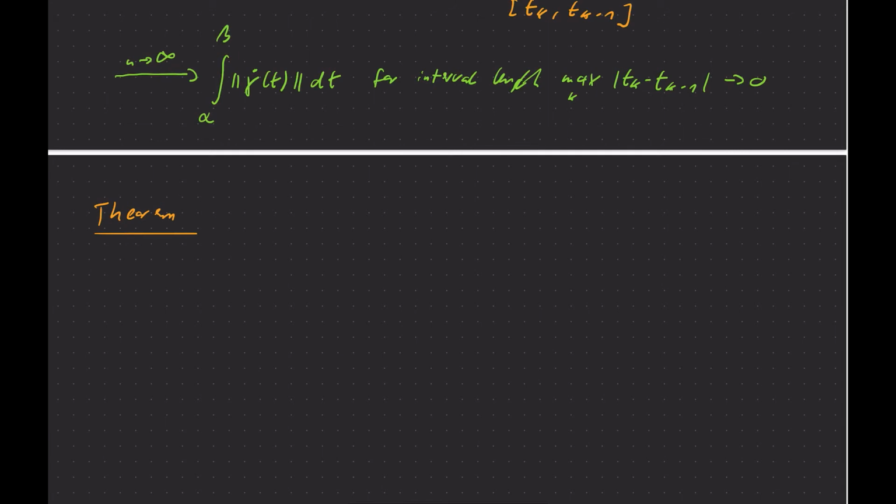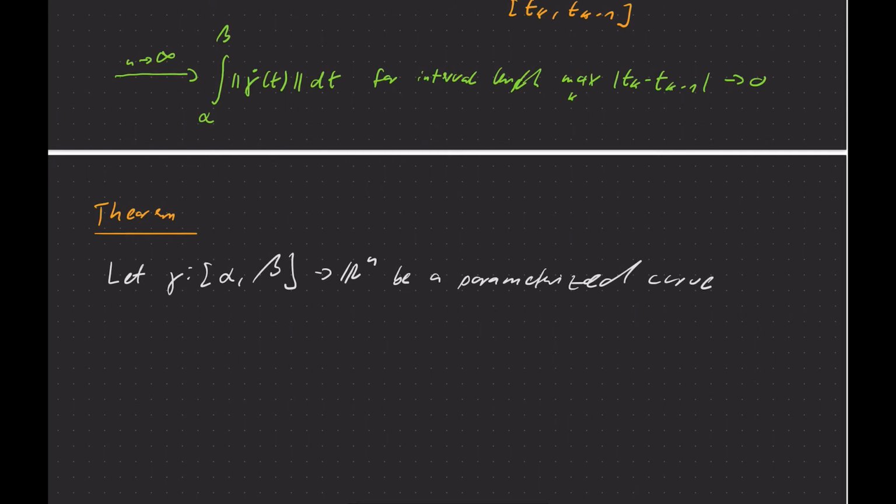So let's just write down our result here. For a parameterized curve, we can compute the length of the curve as the integral over the norm of the derivative of the curve. So let gamma, defined on an interval from alpha to beta to R to the n, be a parameterized curve.